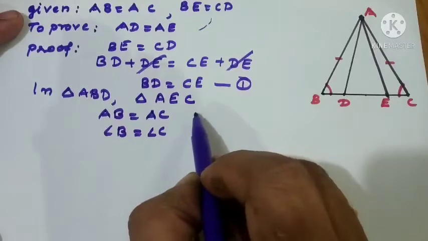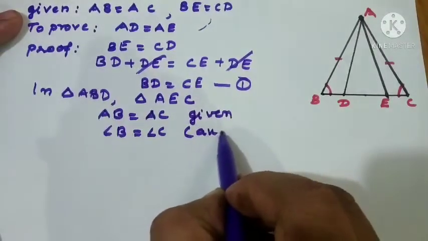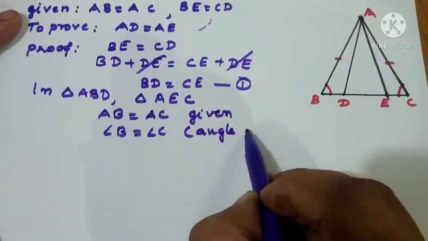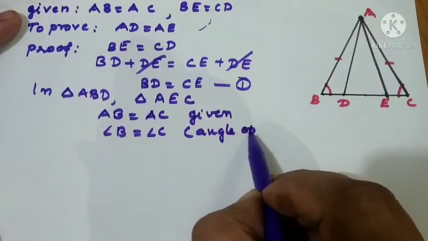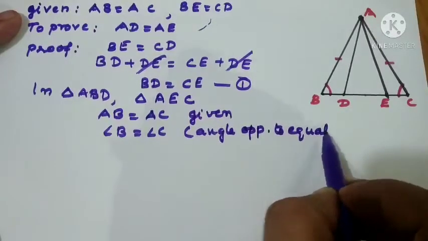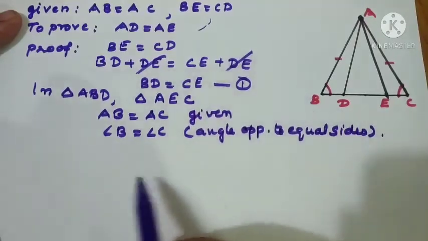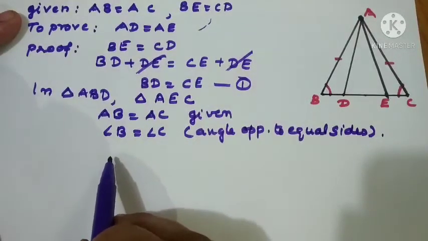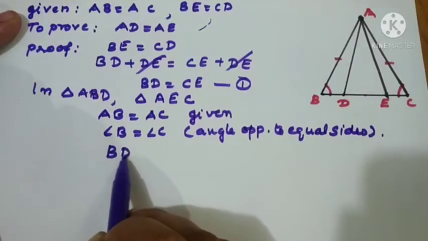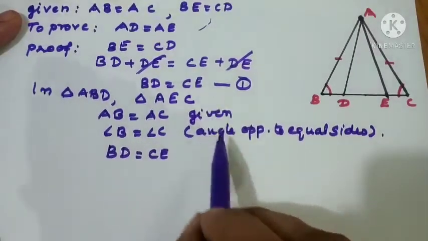Here we can write that it is given, but here, angle opposite to equal sides. Now what is the next criterion to be written? BD equal to CE, that we have proved in 1.